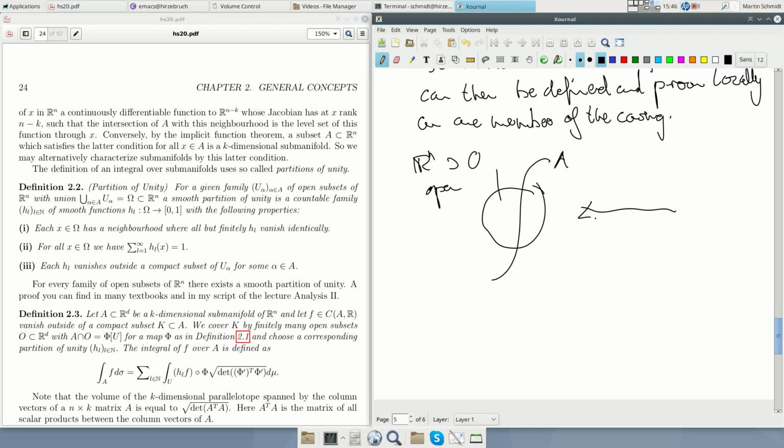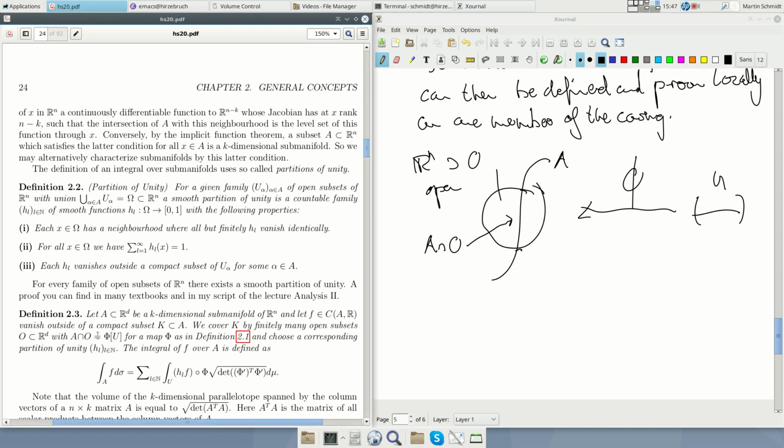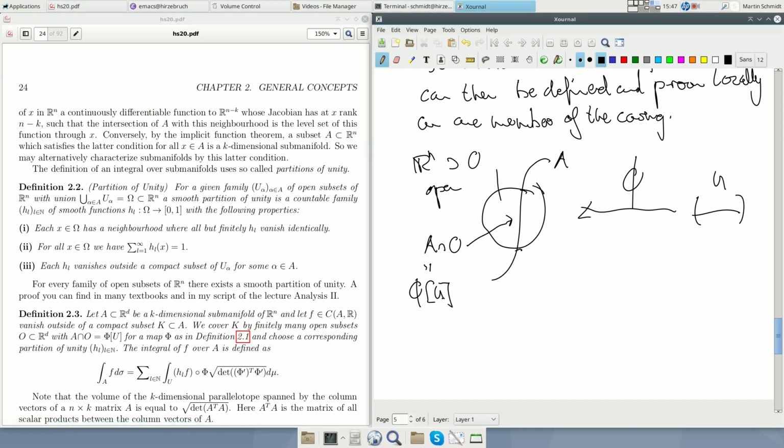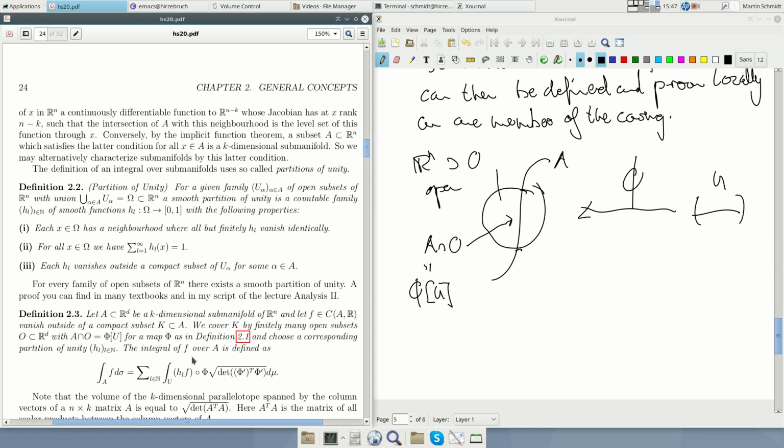And we have a map phi as before from some open set U, which goes to A intersected with O. This is the image of this map, phi of U, and it obeys this condition.